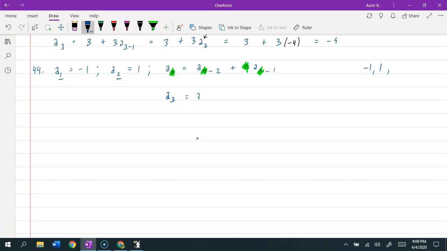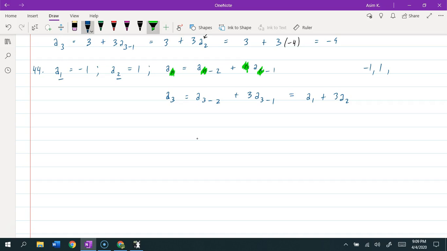We'll have a sub 3 minus 2 added to 3 times a sub 3 minus 1, right? And what's that going to look like? That's going to look like a sub 1 plus 3 times a sub 2.